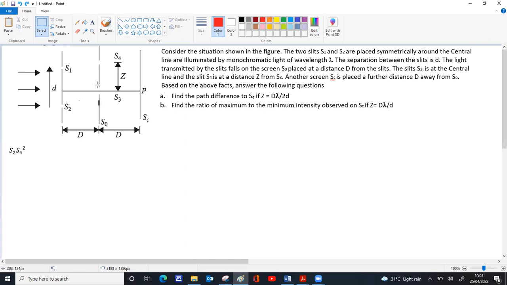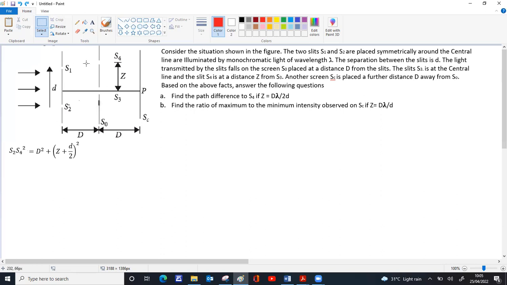Till here is Z. This is half distance d by 2. So Z plus d by 2. So S2, S4 square is D square plus Z plus d by 2 the whole square. In the main derivation, we have taken that as yn plus d by 2 the whole square. Here yn is Z.